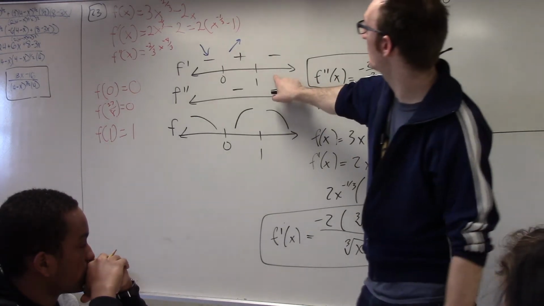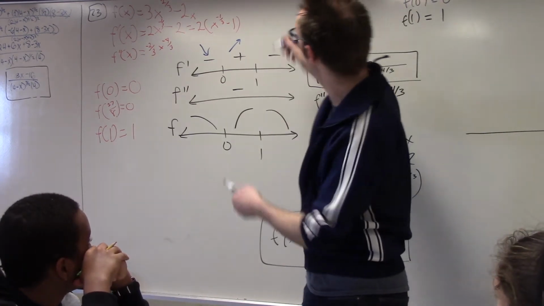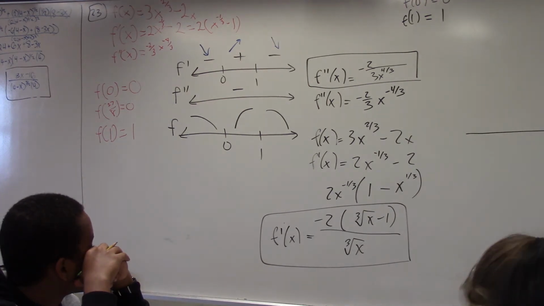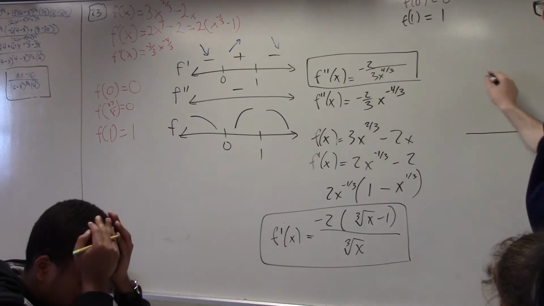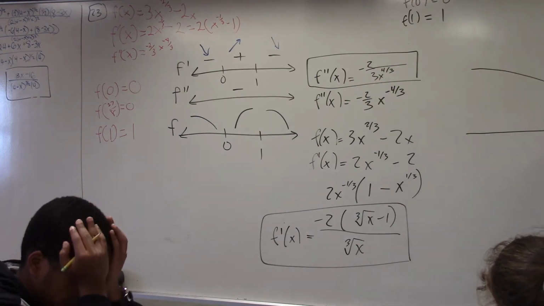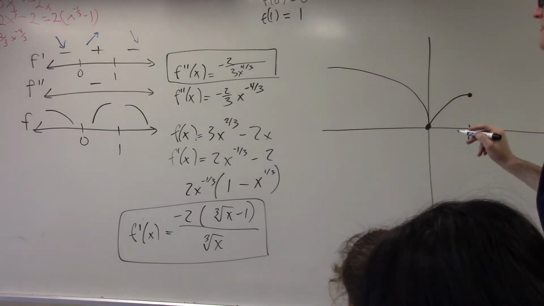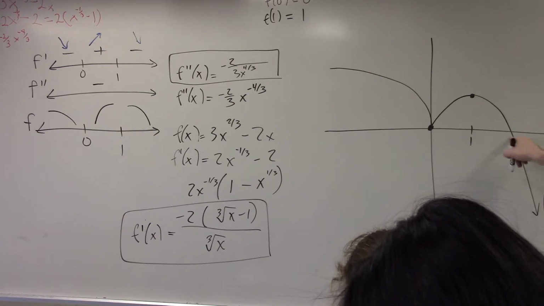At 1, there is a relative max, because my derivative was positive and then negative. All right, so I have a relative min at 0, relative max at 1. What's the only way this function can look, therefore, based on my number line concavity chart? It must go like this, and then like this, and then decreasing ever after, and I'll get a root somewhere.